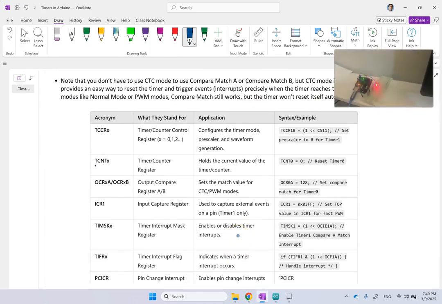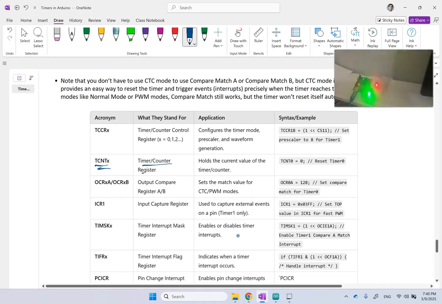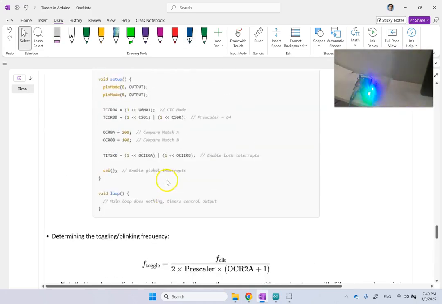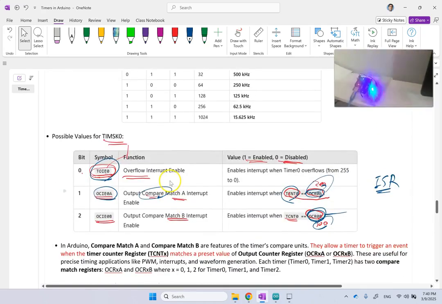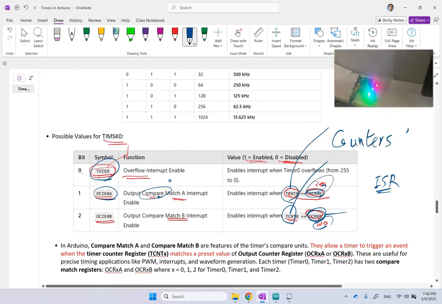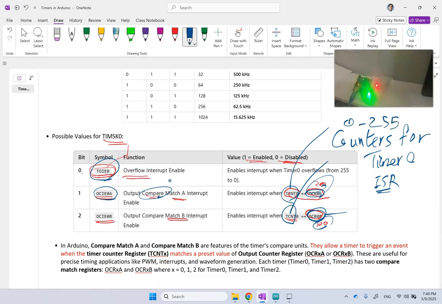So if you see TCNT, that's your timer counter register. That's the timer or counter for that specific one. So these two are the counters for timer 0. This is the one that counts all the way from 0 to 255 in normal mode, or 0 to this OCR number in CTC mode.